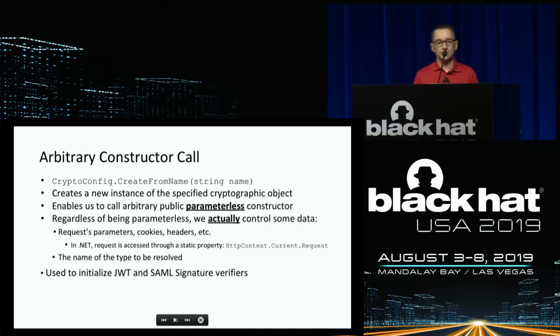But you can ask, can it be dangerous if we cannot control any data? But actually we can control some data. First of all, the type name itself is under our control. Also, we can control some part of the current HTTP context, and some constructors can use it.